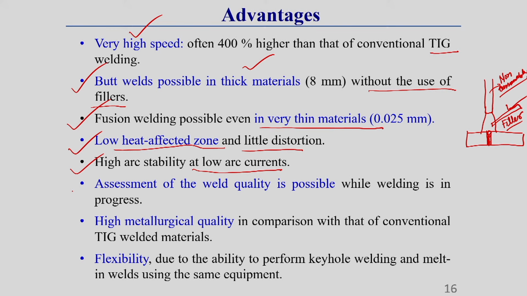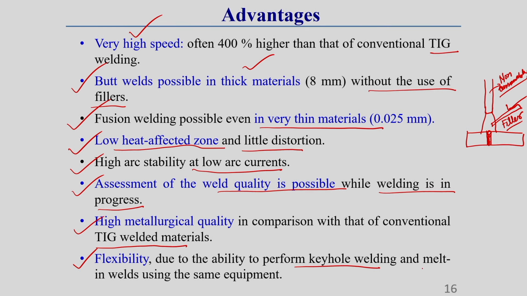That is why I have written that assessment of the weld quality is possible while welding is in progress. That means, during the welding process itself we can see the weld pool as well as the arc progression. Another point is that its metallurgical quality is better in comparison with the TIG welding process, and it is a flexible welding process.